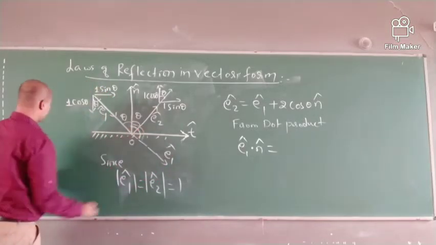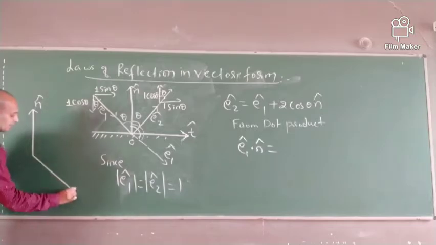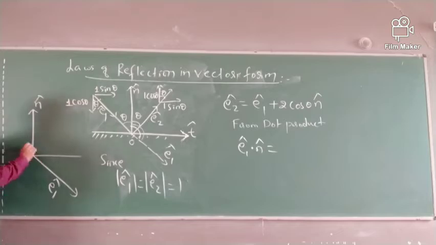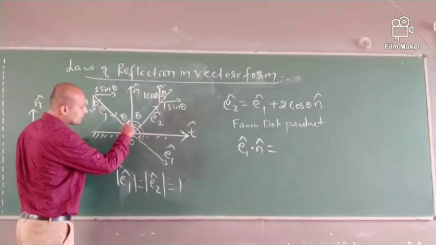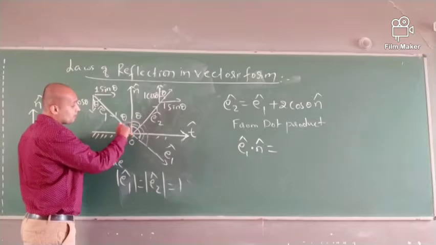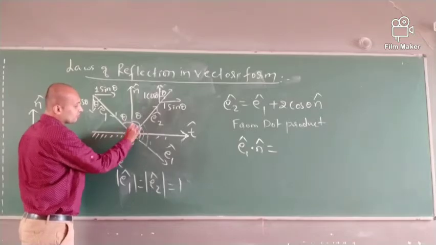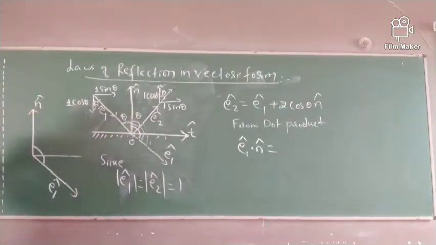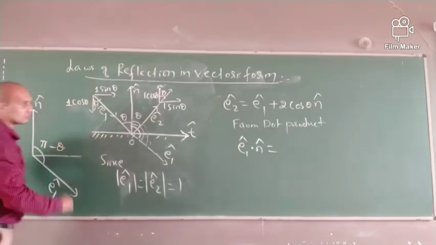Look at this angle. This is the angle between incident ray and normal direction. So what is this angle? This complete angle is pi, this is theta. Pi minus theta will give you this angle. Correct now? So this angle is pi minus theta.